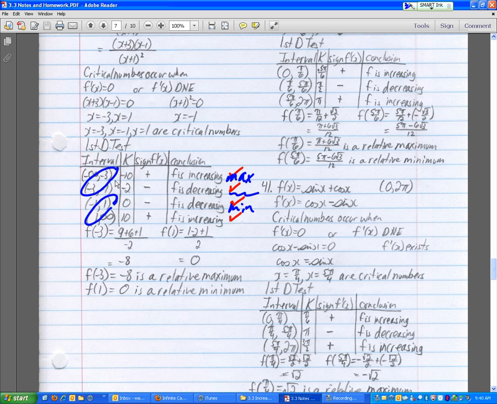So you go back to f. You substitute negative 3 in for x, you get negative 8. That's your relative maximum. You go back to f, you substitute 1 in for x, you get 0 to be a relative minimum. It's a little weird that the maximum's smaller than the minimum, so what must have been going on? With an asymptote, right? Okay.